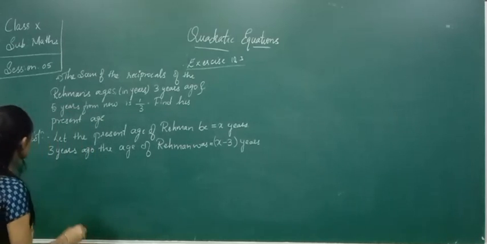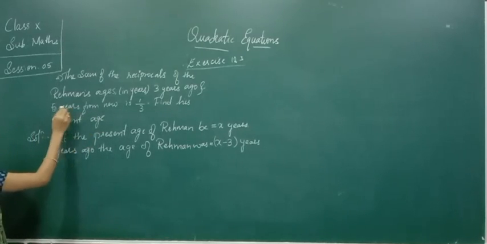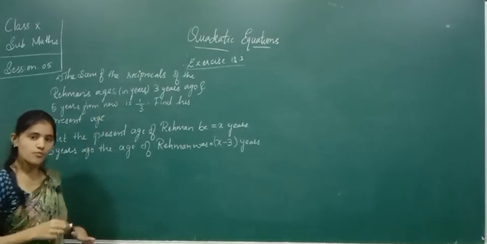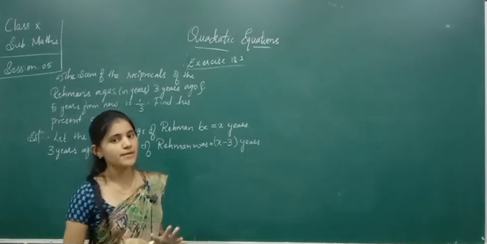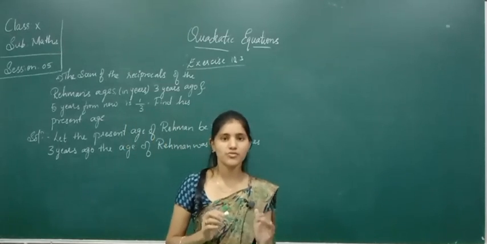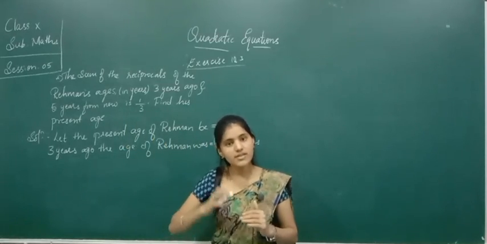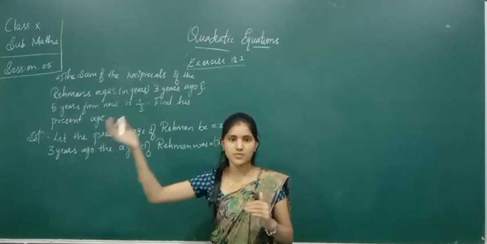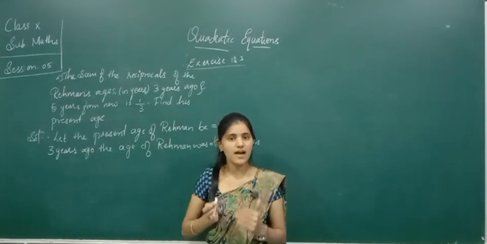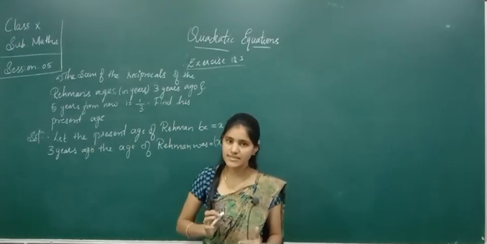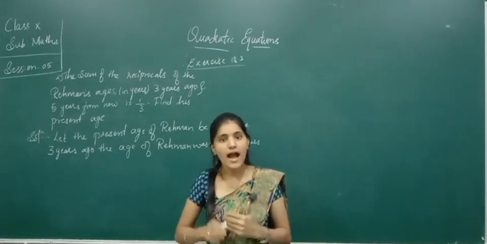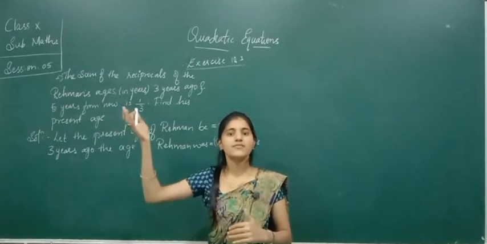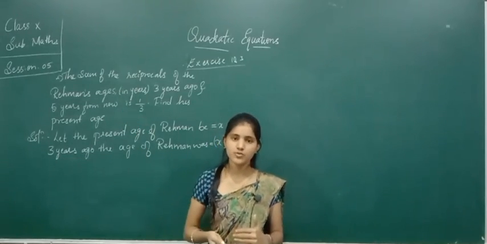Again, what they have said, 5 years from now. From now means right now Rahman is of, suppose for example, right now Rahman is of 10 years. 5 years after this means we are supposed to add 5 years, means after 5 years is going to be 15 years. The same way, when you have considered the present age as x, after 5 years means we are supposed to add plus 5 to it.